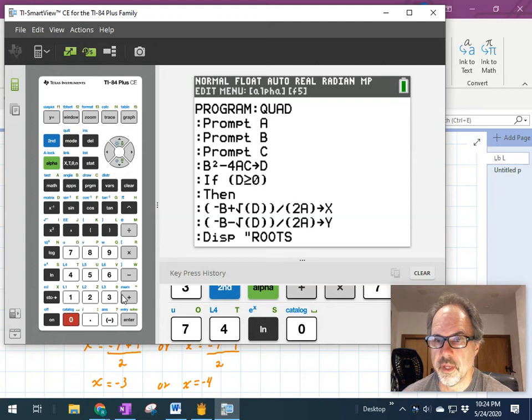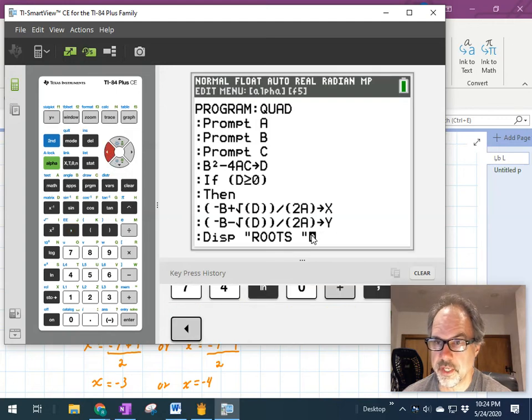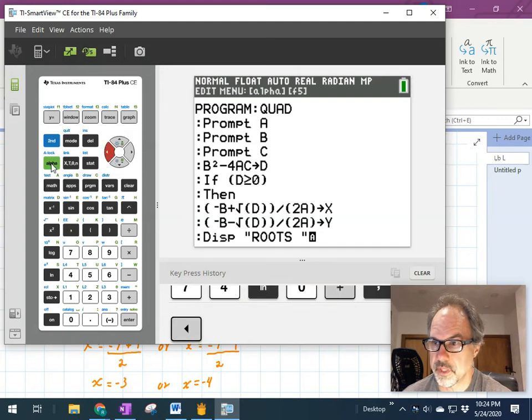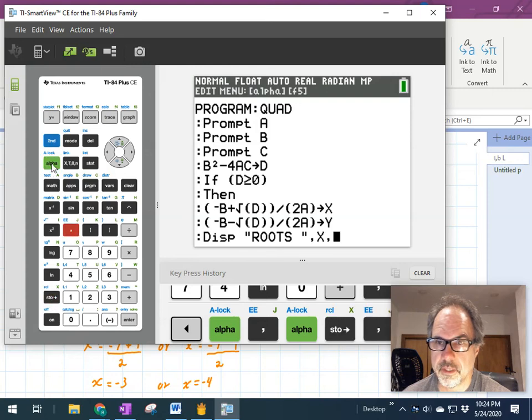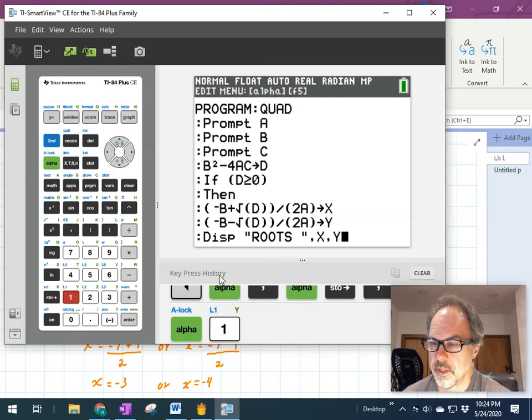That'd be fine. And then let's close quotes, and then comma. Whoopsie, I'm still in alpha lock. That's why the J came up. So to get out of alpha lock, I just hit alpha again. So I'm going to do comma X, so alpha X, comma alpha Y. So it's going to display all of these.